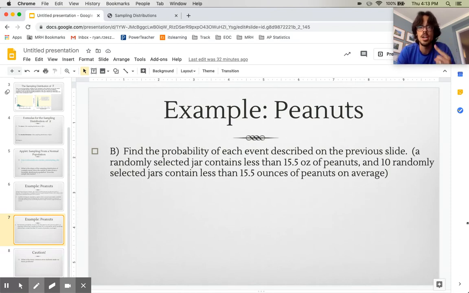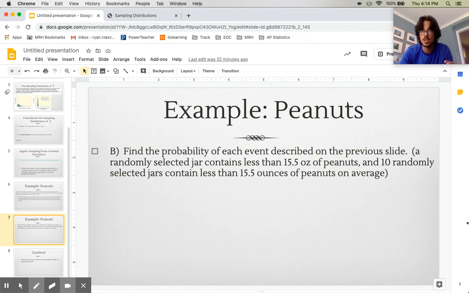So step 1 is even realize that you're in the right chapter. When do I do this chapter stuff? Well, it's when you take a sample and you look at how likely getting a certain result is. Because a sampling distribution is all the possibilities for that sample, so it's logical that we would use that to do a probability.